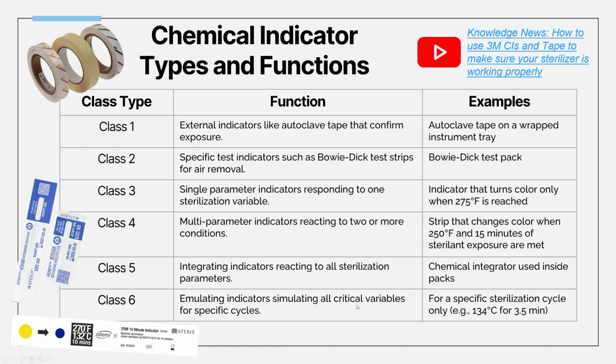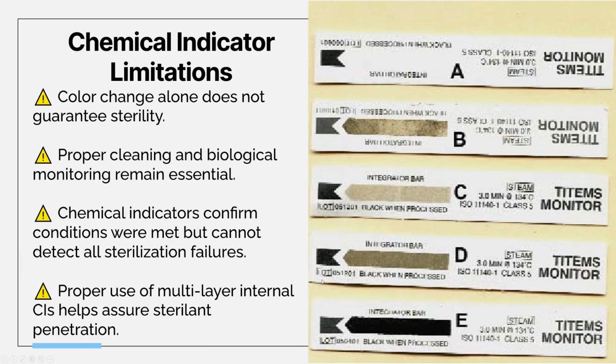So using a combination of these chemical indicator types, especially class 5 or 6 inside challenging loads, it helps ensure reliable sterilization. So chemical indicator limitations.